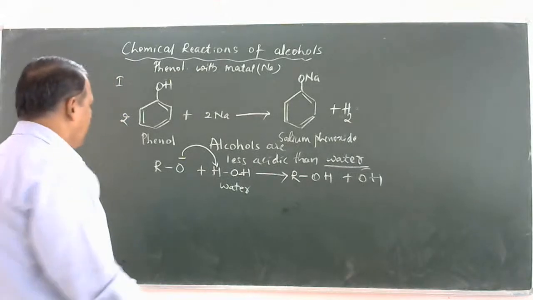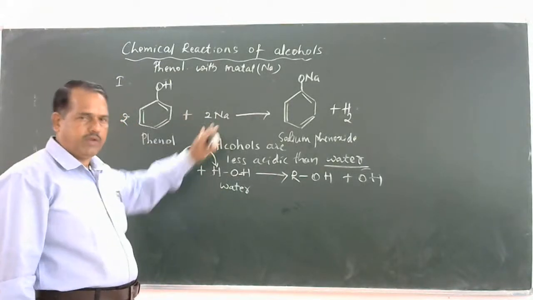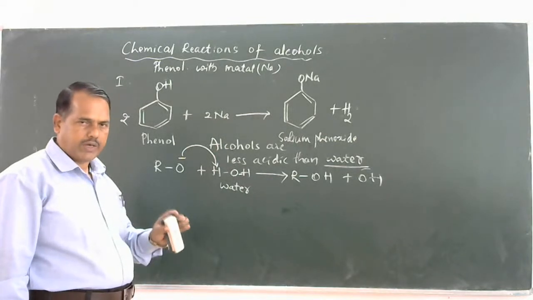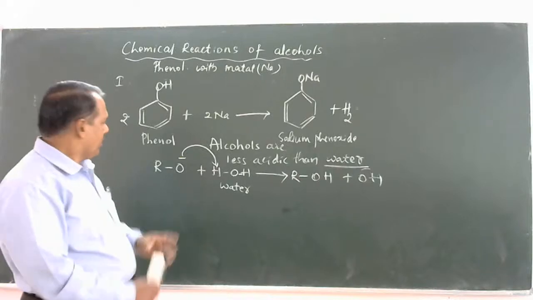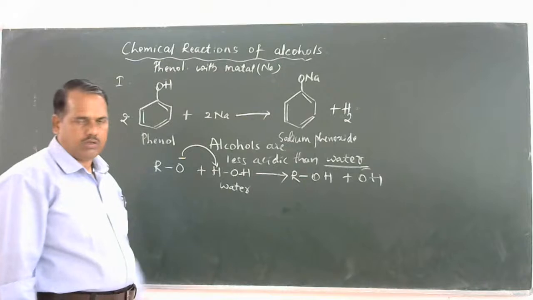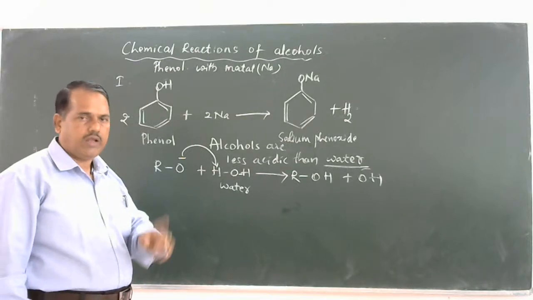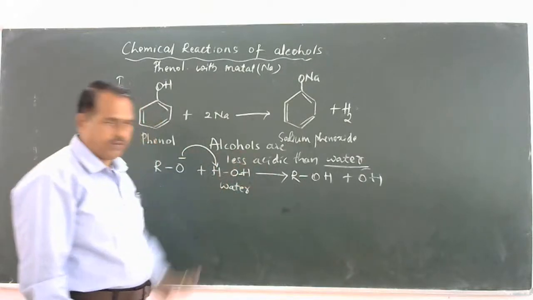Okay. Then you have to compare the acidity of alcohol and phenol. We shall compare now the acidity of alcohol and phenol. See, water is more acidic than alcohol, so therefore alcohols are less acidic than water. See, this reaction indicates that.